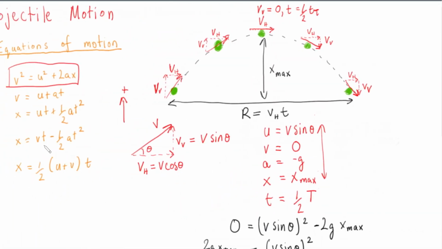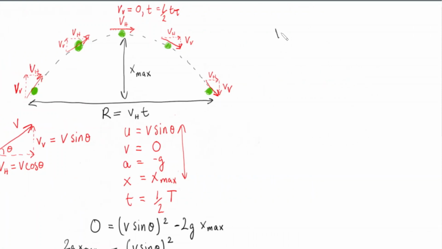So I can use this equation over here to do that, where I'll say v is equal to u plus at. Our final velocity is 0, so I'll put that in. Our initial velocity is going to be v sine theta, and our acceleration is going to be negative g, and our time is going to be half T, where the big T is the total flight time of this object.